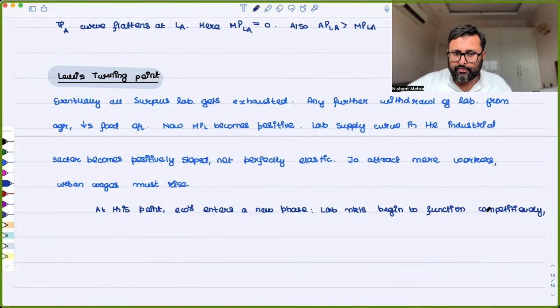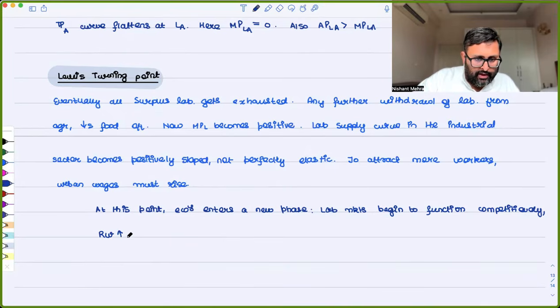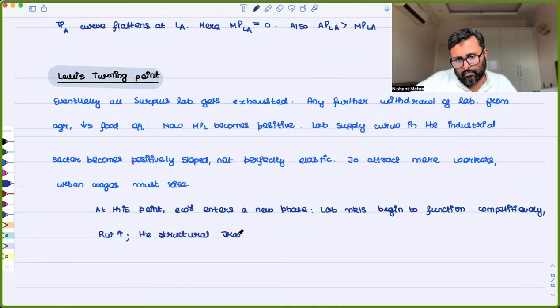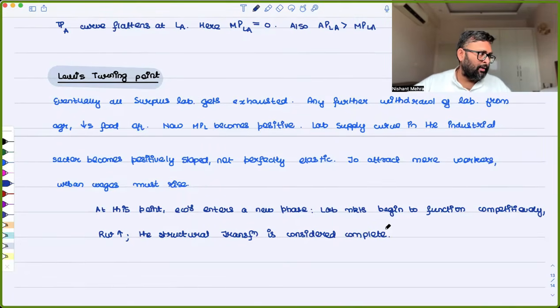Real wages rise, and the structural transformation is considered complete. Right? So it's like a dominance of industry over agriculture, and this is the foundation for sustained economic growth.